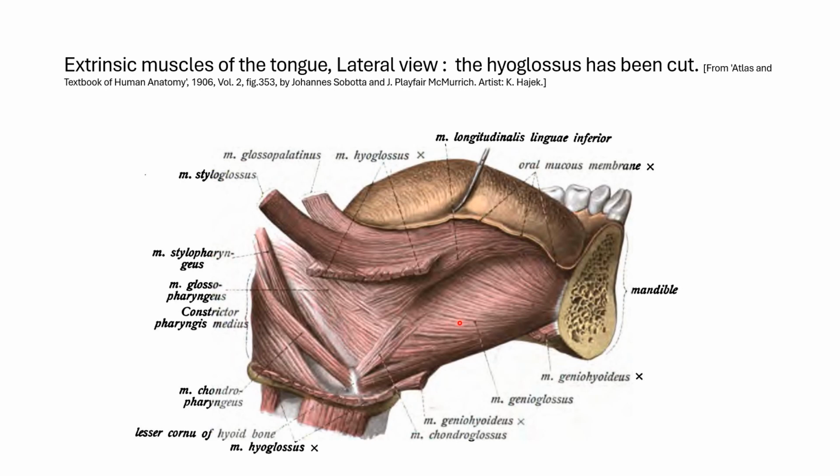This one is the genioglossus. You see, this is the mandible. So this is the muscle going to the mandible. This is the genioglossus. Styloglossus will go to the styloid process, and hyoglossus will attach the tongue to this part of the hyoid bone, the white colored structure here.